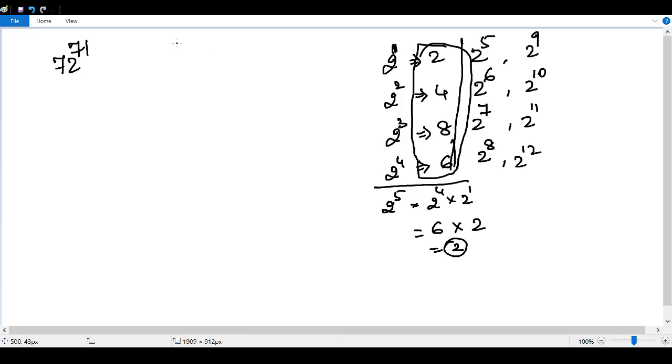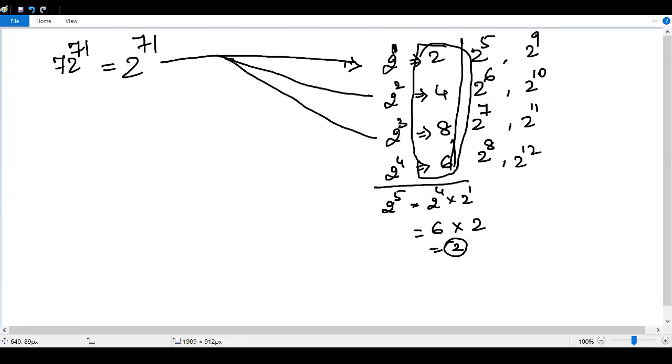So all I have to do is look at where 2 power 71 is falling. Is it falling in this category? Is it falling in this category? This or the last category? This is what I need to check.